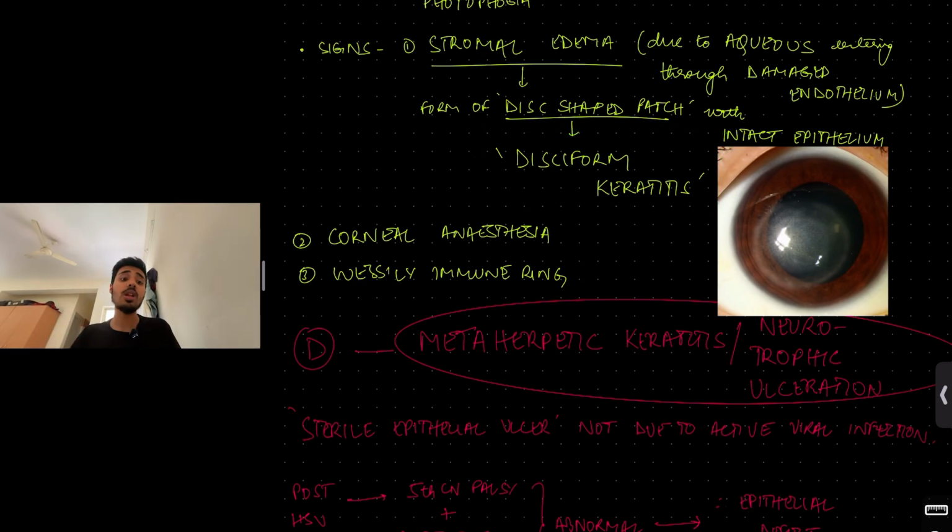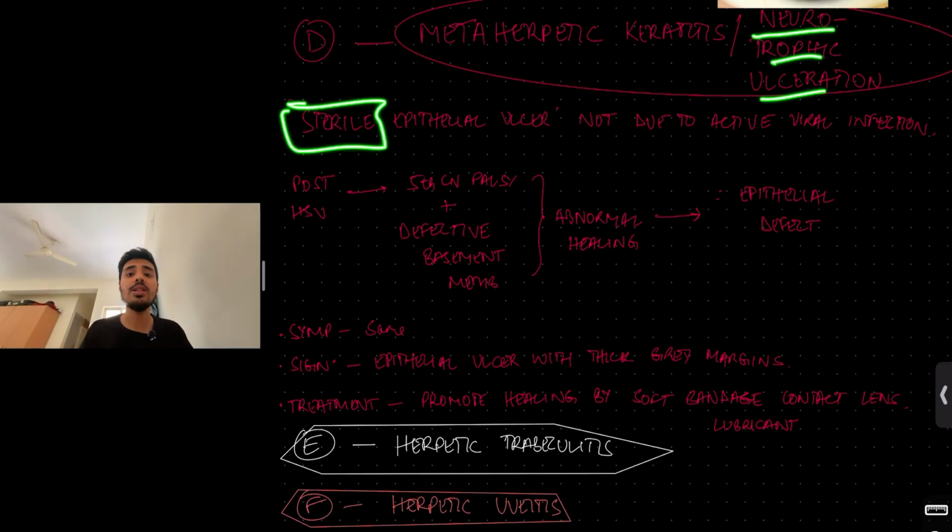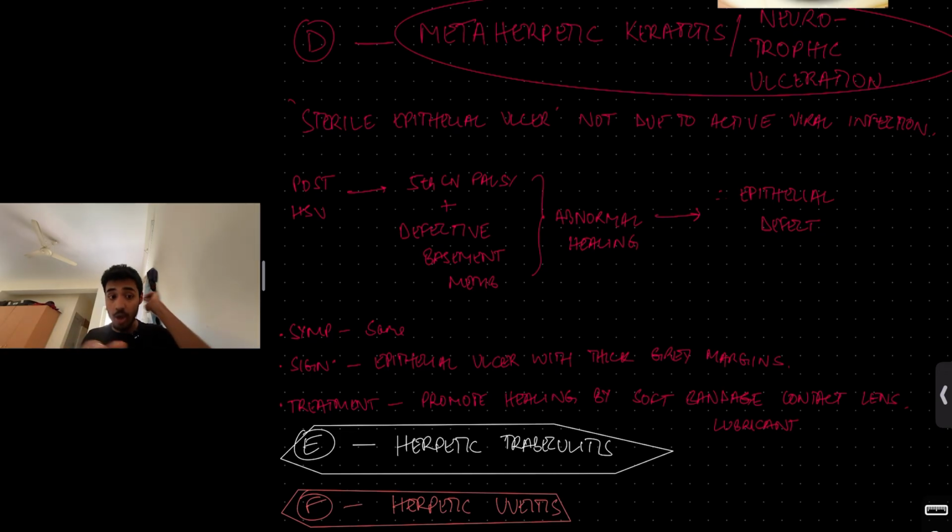Then the next type is metaherpetic keratitis, or neurotrophic ulceration, under recurrent ocular herpes. Here, the ulcer is sterile. It is not due to active viral infection. There is no active HSV infection. What happens post herpes simplex viral keratitis?